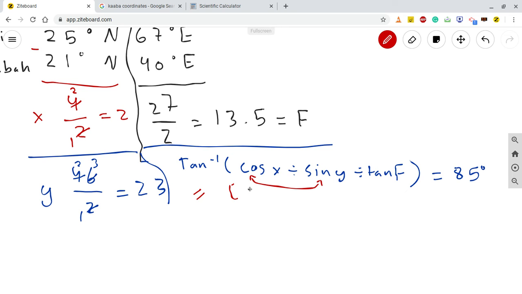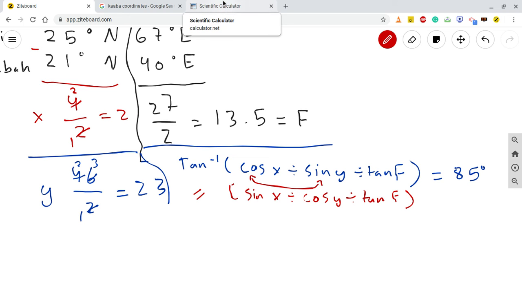So it will now be sine x divided by cos y divided by regular tangent f. Everything will remain the same, only these things will differ, okay?